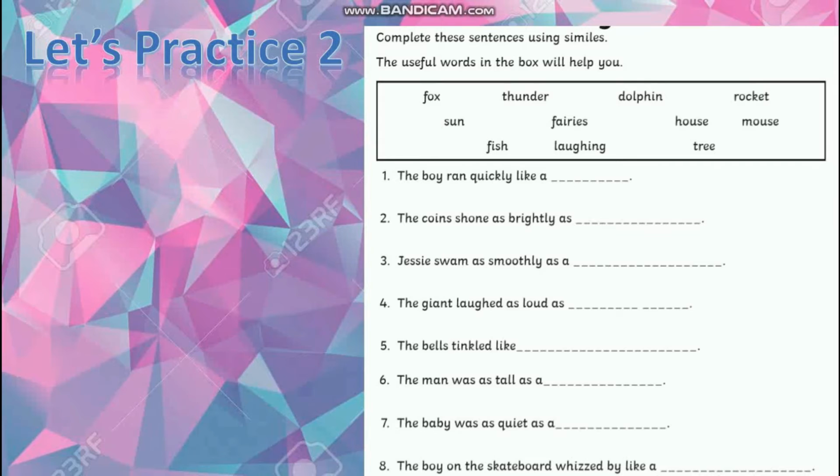You pause the video here, you write on the copybook, you solve it, and then I will attach also a slide in which you see the answers in order to correct it for yourselves. I'm just going to read it for you. I have fox, thunder, dolphin, fairies, sun, fish, laughing, house, tree, mouse, and rocket.